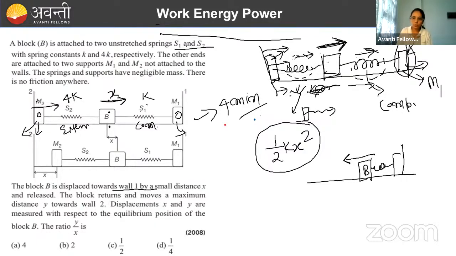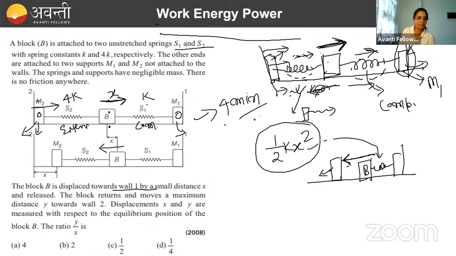At a point, it will attain its natural length. So all the potential energy stored in the spring will get converted into kinetic energy of this block.